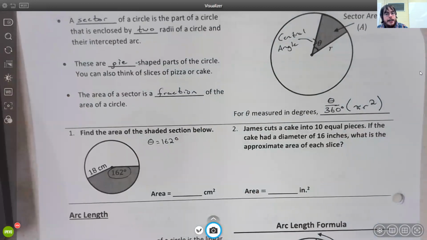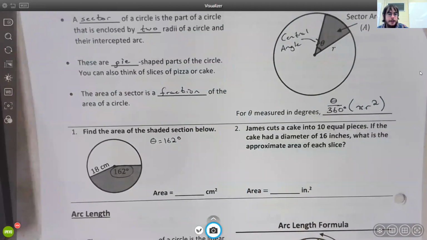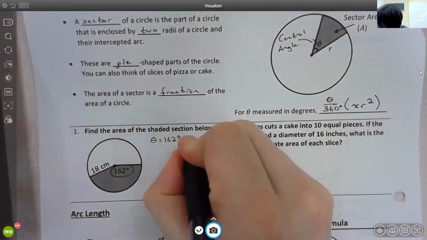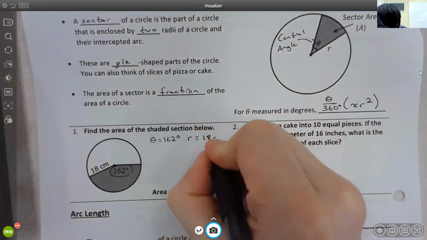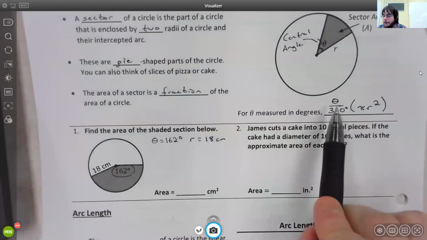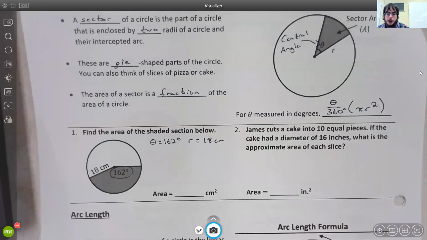Now, what is our radius? Because we need theta and we need radius for each one of these types of problems. Well, our radius, as we can see here, is 18 centimeters. So we have theta, we have the radius, and now we just plug it into our equation.